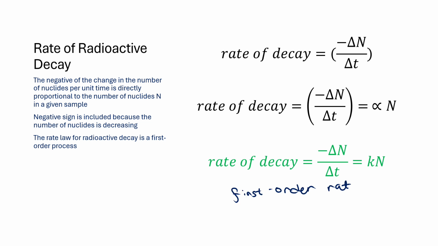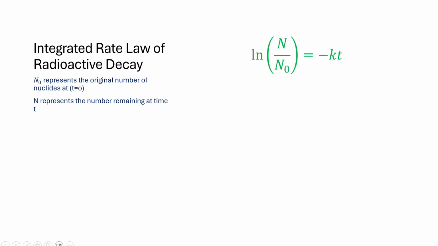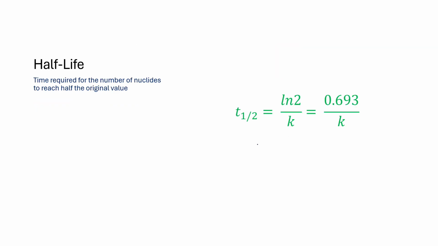So the rate of decay is actually first order. This is your integrated rate law of radioactive decay, where N naught represents the original number of nuclides at t equals 0, and N represents the number remaining at time t. And you also have the half-life. Again, this is for a first order reaction.